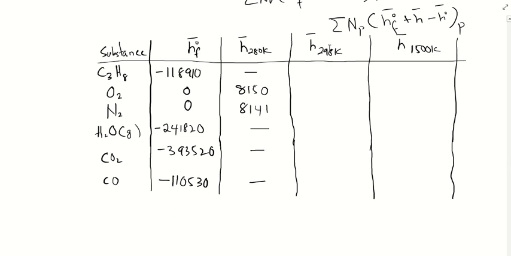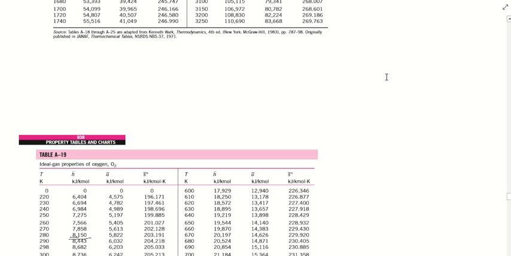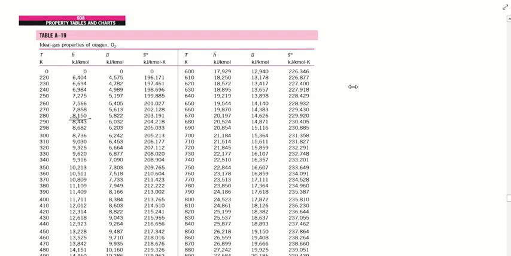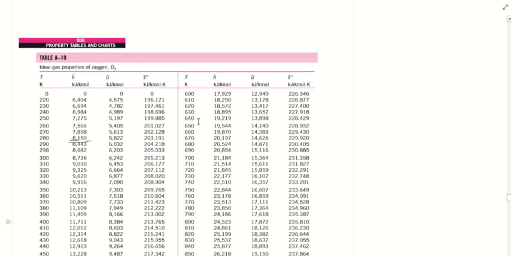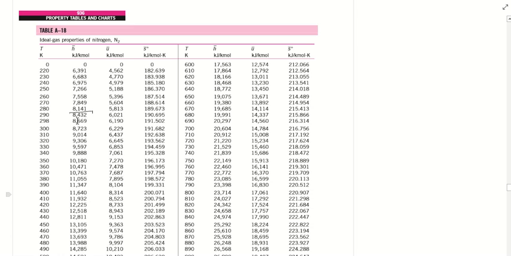Right. So next is for 298 Kelvin, right? So let's take a look at the enthalpy of oxygen at 298 Kelvin. So 8682, and then for nitrogen it is 8669.